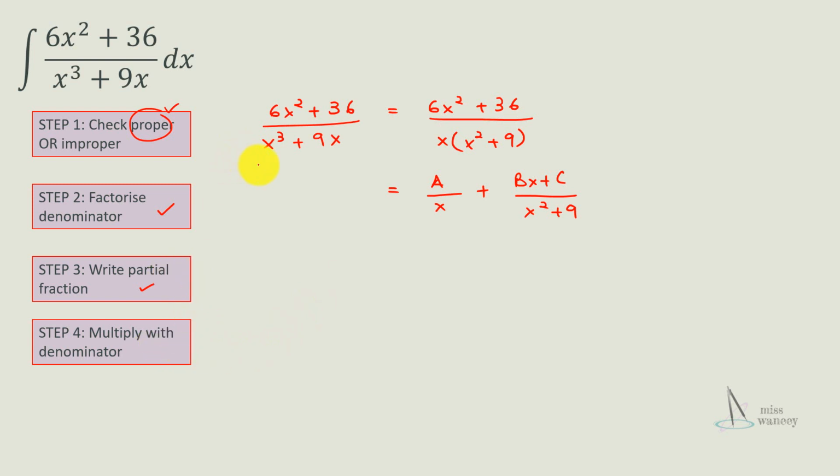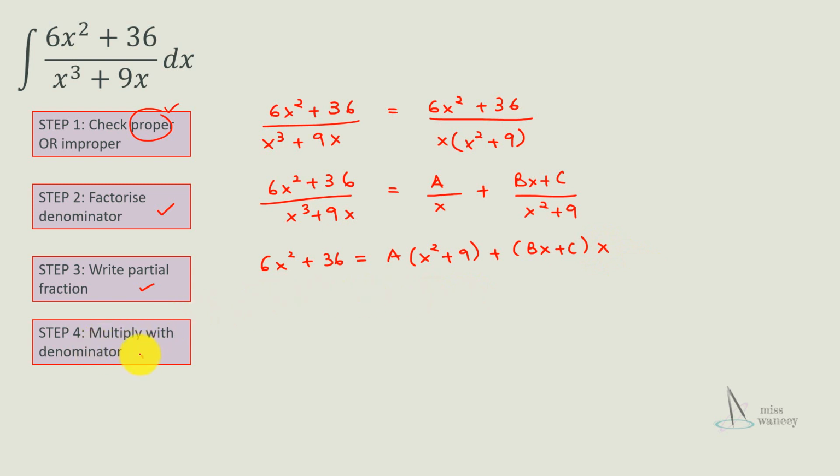Multiply with the denominator so that we have a common thing. I'm going to get 6x squared plus 36 equal to A multiplied with (x squared + 9) plus. Don't forget you have to write Bx plus C inside a bracket, multiplied with x.